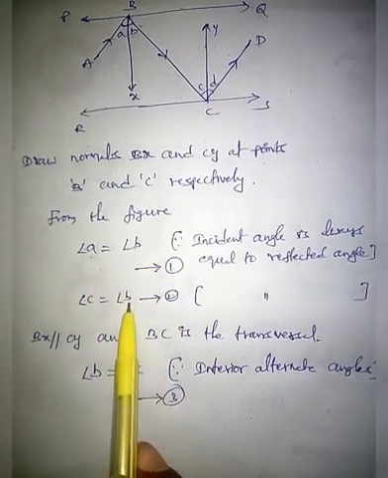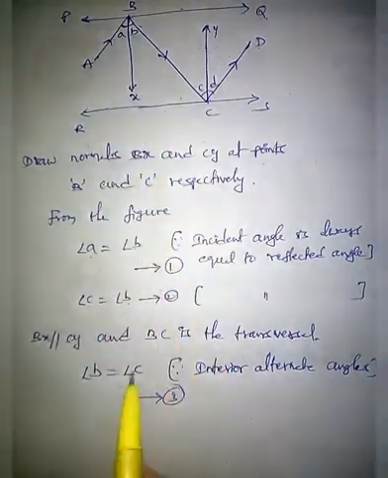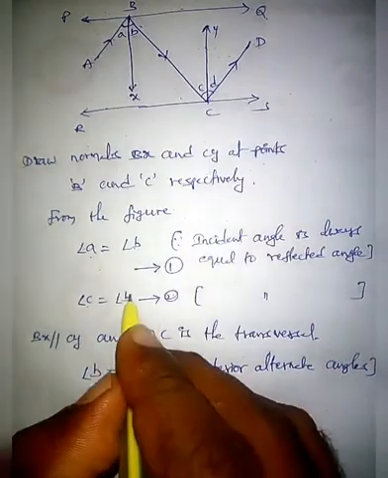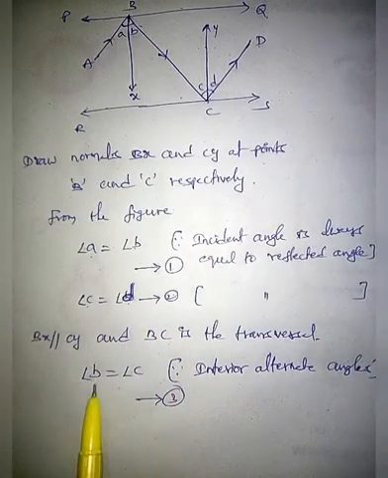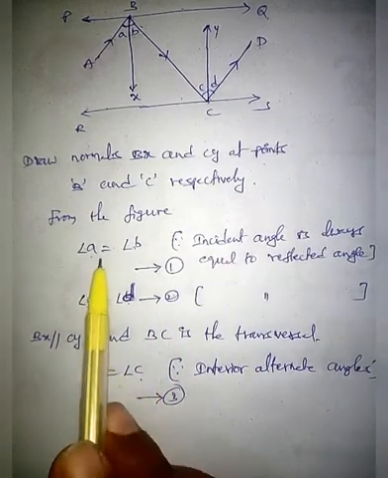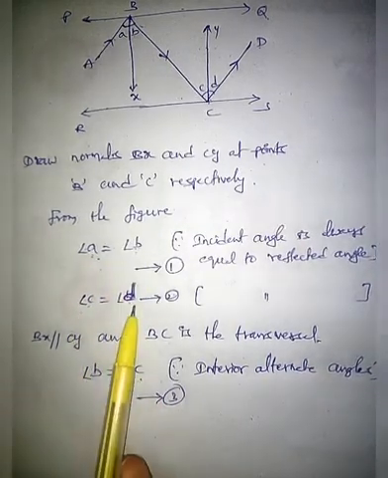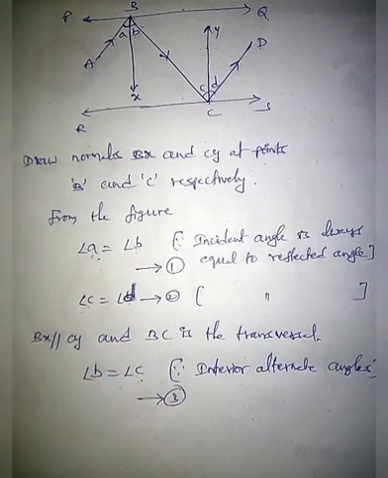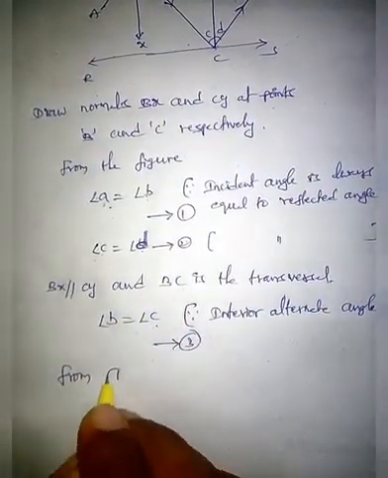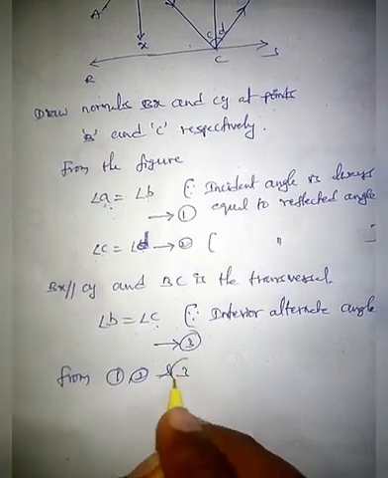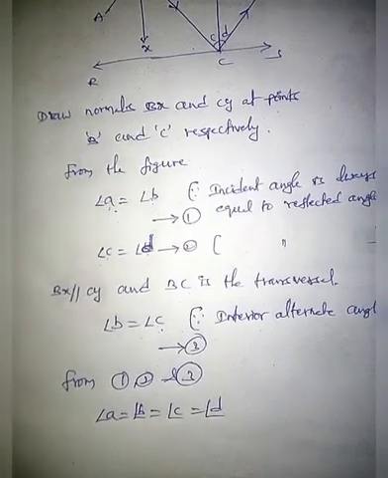Angle A equals B, but angle B equals angle C. Angle C equals angle D in equation 2, and in equation 3, angle B equals angle C. So angle A equals B equals C, but C equals angle D. Therefore angle A equals B equals C equals D. From 1, 2 and 3, angle A equals angle B equals angle C equals angle D.